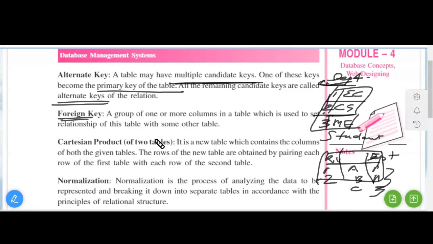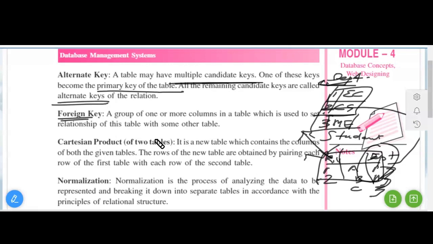So these keys used here were a primary key in some other table, and we call them foreign keys. Both the tables are connected. If they are connected, then only we can use it as a foreign key in the other table.